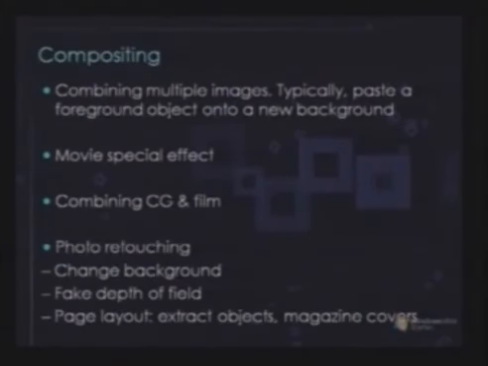For example, if we shoot something with the camera and we compile it with some CG. CG is computer generated graphics. Computer generated graphics can be a character which has been done in 3D software and has to be managed along with the live action character which we have shot, and afterwards combining them together and forming the movie out of it.